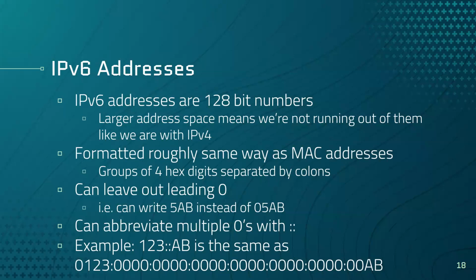But there are some rules for abbreviating them. Within a single group of 4 digits, you can leave out leading zeros. So for example, you can write 5AB instead of 05AB, and you can abbreviate multiple zeros in a row with a double colon. So for example, we could abbreviate this whole thing as just 123 double colon AB, which is much shorter.